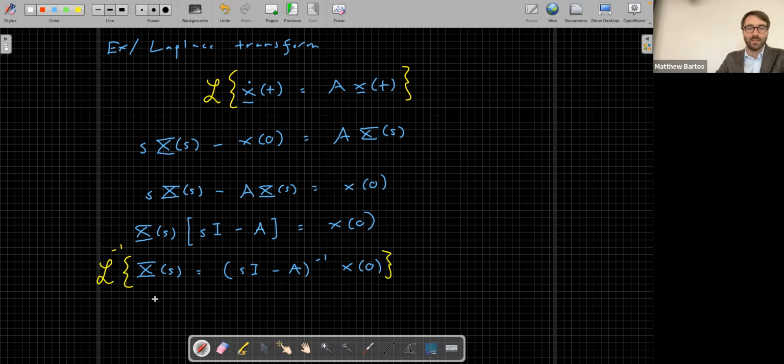So what we have is that x at time t is equal to the inverse Laplace transform of (sI minus A) inverse times x at time 0. What does that imply about this here? What is this expression equal to?